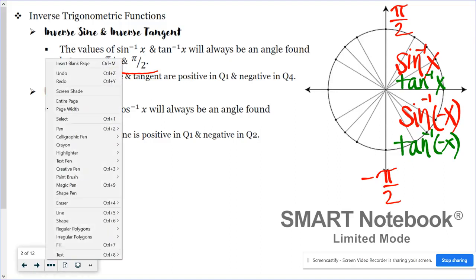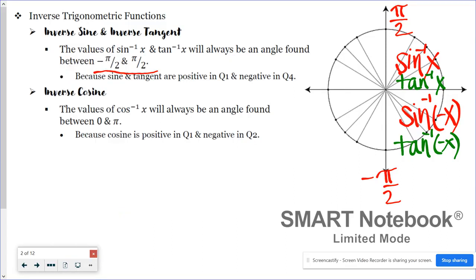For inverse cosine, if you use the calculator and calculate inverse cosine of +1/2 and then inverse cosine of negative 1/2, the positive 1/2 once again gives you an angle in quadrant 1. So basically, anytime you're calculating an inverse trig function of a positive value, the answer will be an angle in quadrant 1.